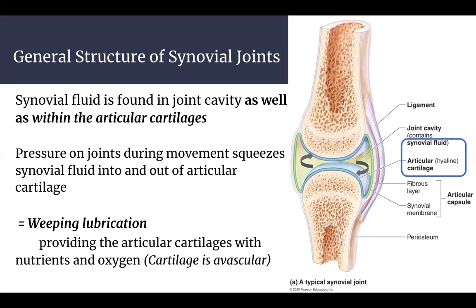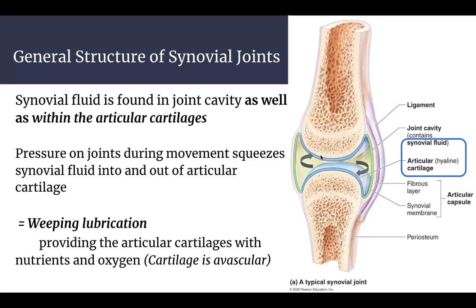It has to get its nutrients and oxygen from nearby vascularized tissue. What happens here is the fluid that is pushed out of the connective tissue in the synovial membrane contains the nutrients and oxygen required to keep this cartilage healthy.